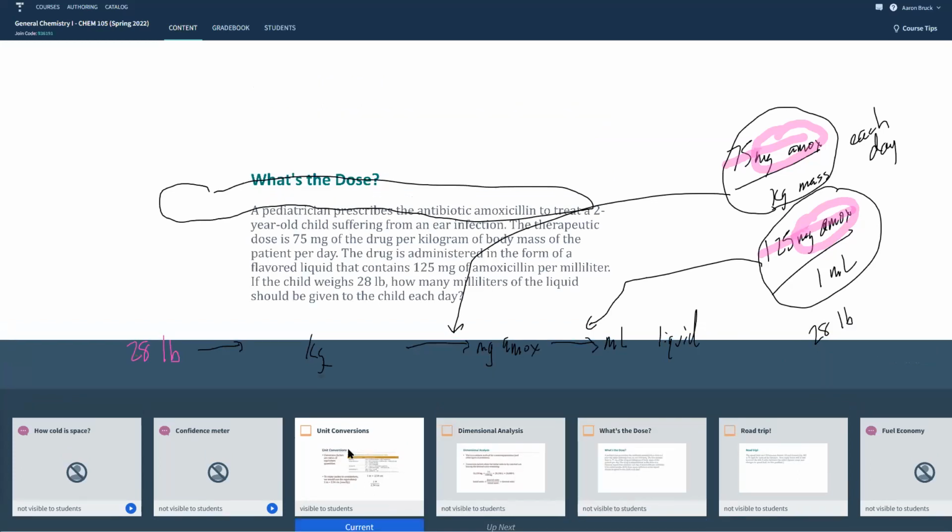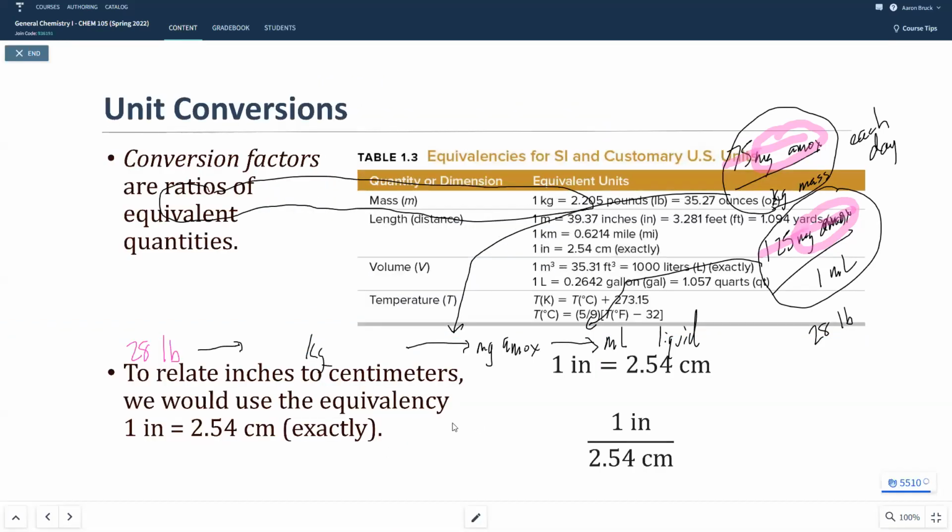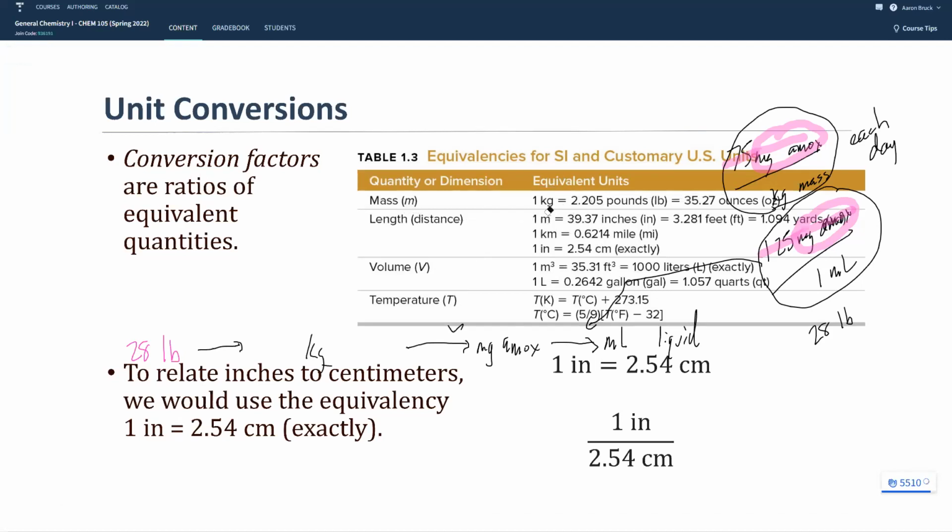Well, the previous slide had one. Let's see if it's got pounds to kilograms on it. And sure enough, it does. I can see here that 1 kilogram of mass is equal to 2.205 pounds.